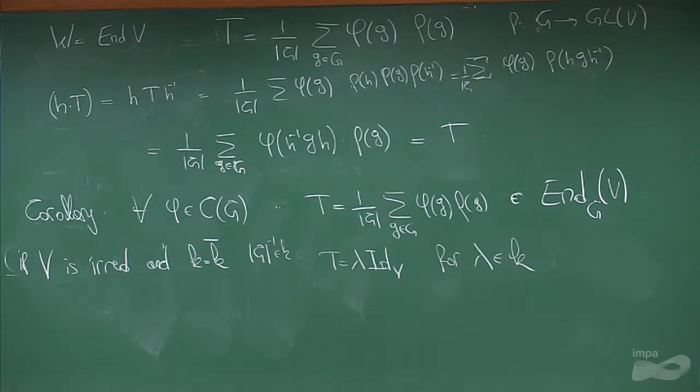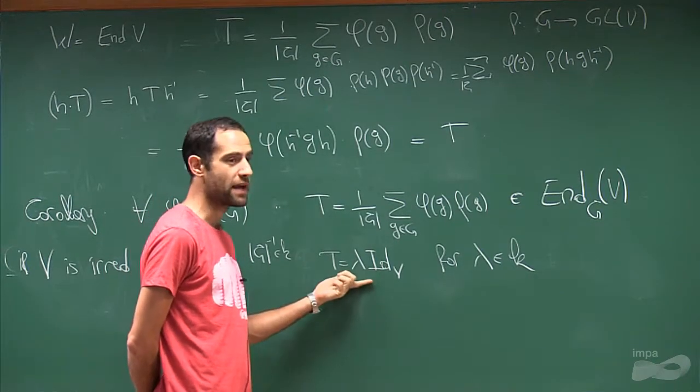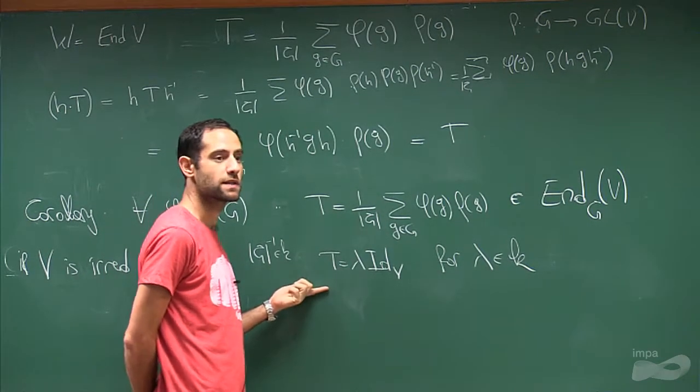Okay, so let's use the same idea that we've used before, which is: how do I find out what this lambda is? Well, just take the trace on both sides, right?